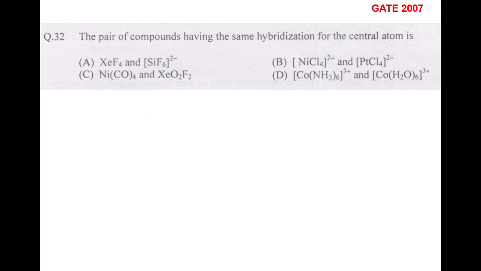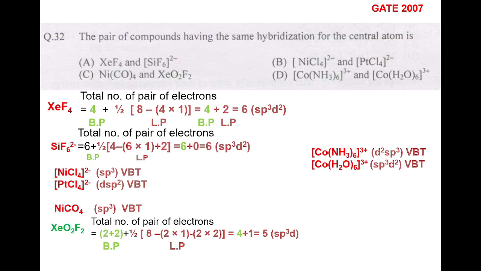Coming to the next question: the pair of compounds having the same hybridization for the central atom. Here hybridization is asked. Listen, after getting the number of pairs of electrons, we can say what the hybridization of the central atom will be. If the total number of pairs of electrons is 2, then that is sp hybridized.